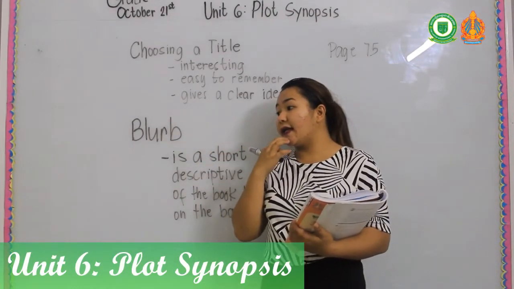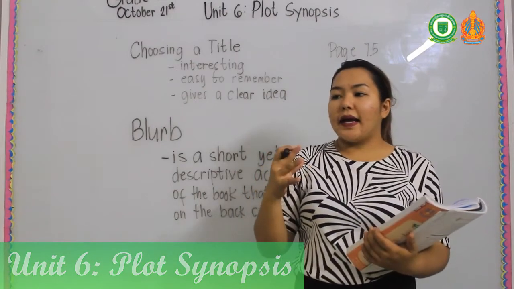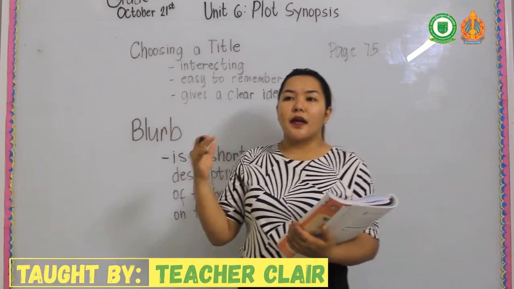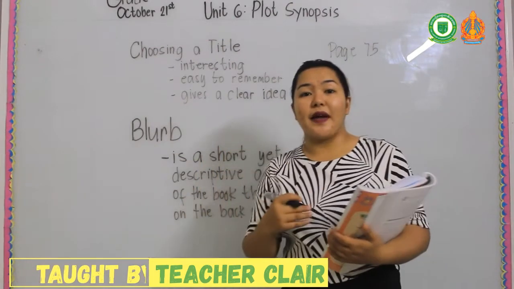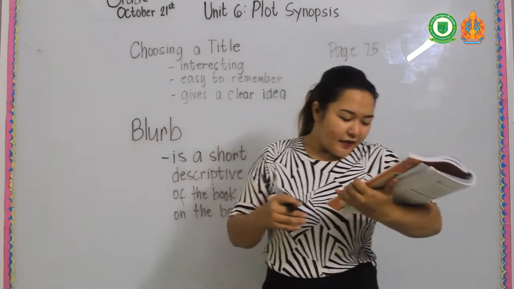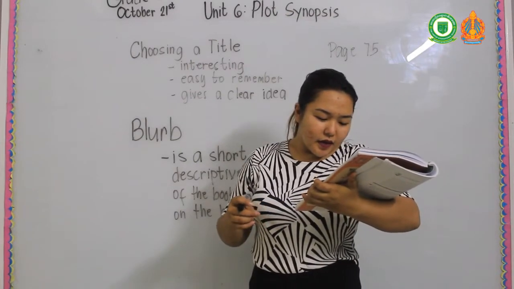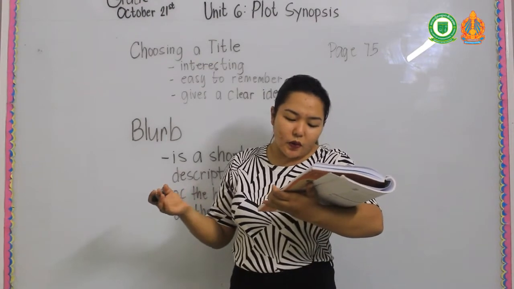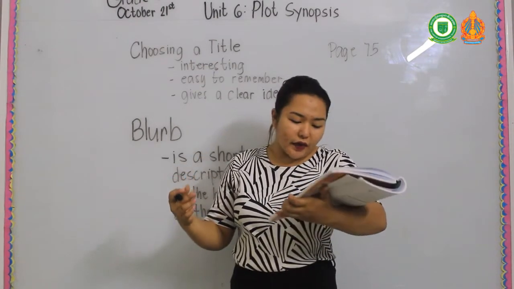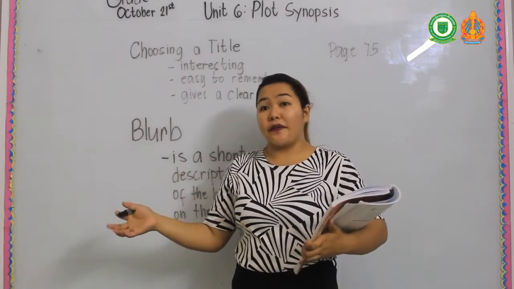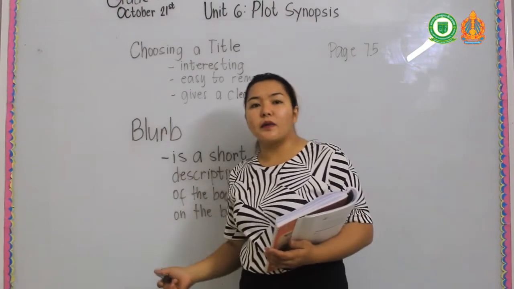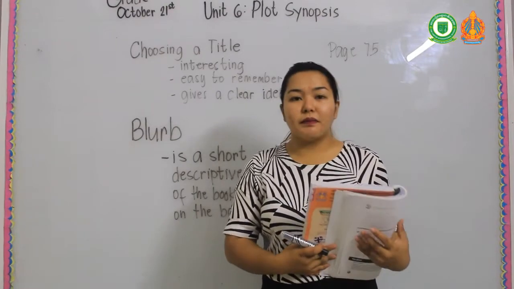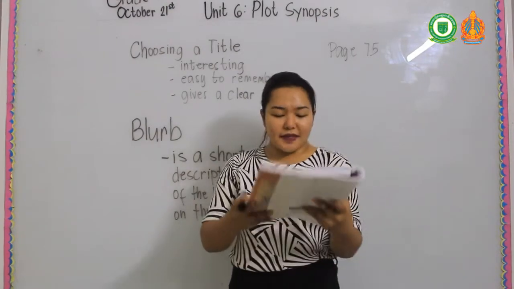So another example is "My Family", so that readers or viewers know what genre or category of writing it belongs to. So they know if it's about people, animals, things. So if you say my family, then it's about people, about relationships.